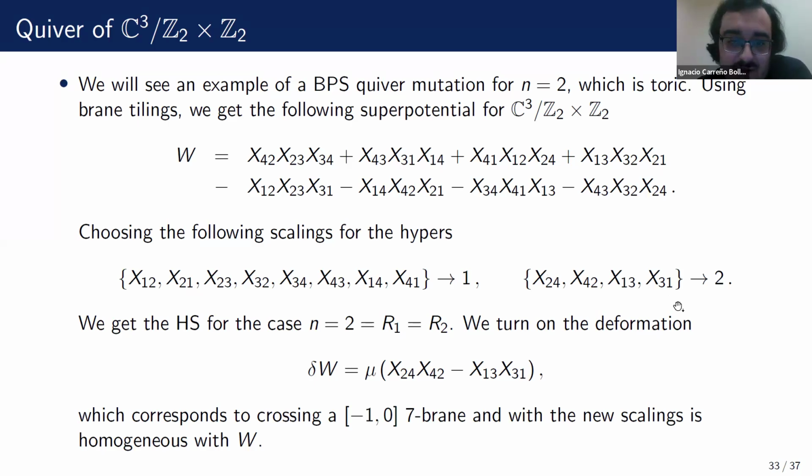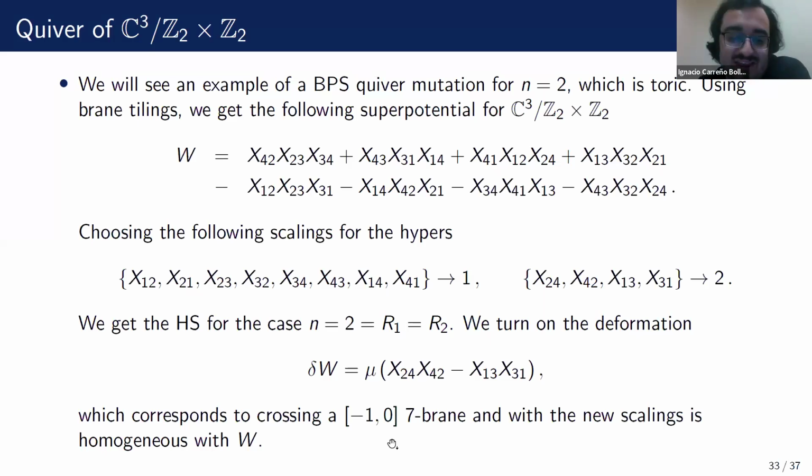Now we can compute the Hilbert series from the mesonic moduli space, and we recover the Hilbert series for the case n equals 2, R1 and R2. And then what we do is we turn on a deformation of this type, given by the prescription of Cremonesi and Sa, which corresponds to crossing this (-1,7) brane.